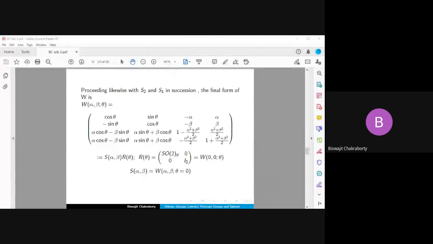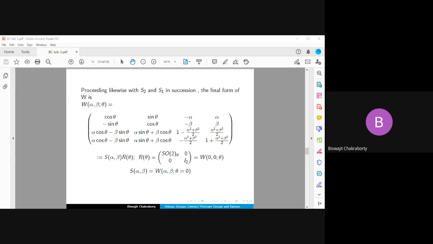It is a simple thing, a bit long maybe, but it is worth working out. This will be very instructive if you work it out. So the final form of W alpha beta semicolon theta, I put a semicolon to indicate they are of different nature than the alpha beta parameters. Theta is some sort of rotation, and alpha beta, as you see, corresponds to translation. Okay, so it will have this form.